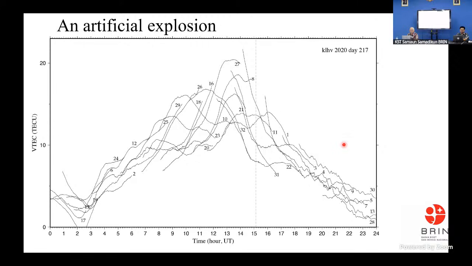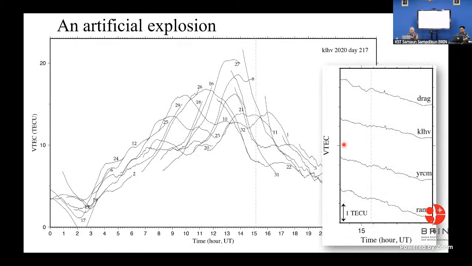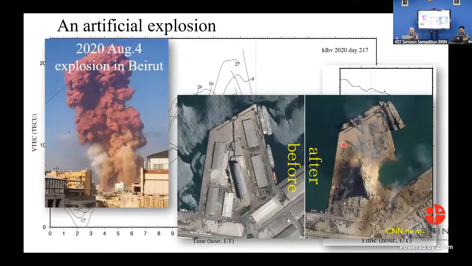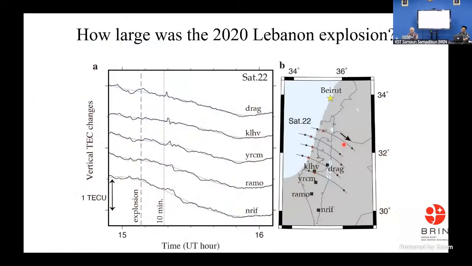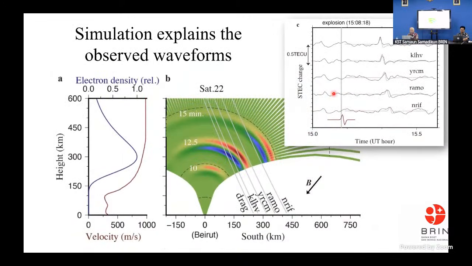And also, you can compare this artificial explosion in Lebanon with volcanic natural explosions. These are the signals in Israel caused by the explosion in Lebanon. And these are the simulation results.